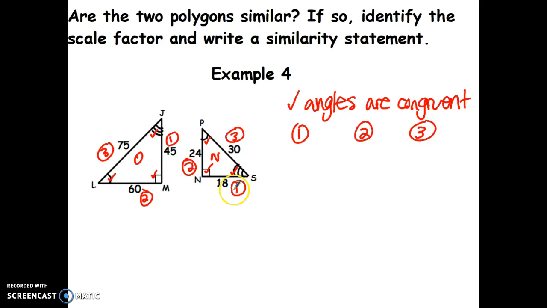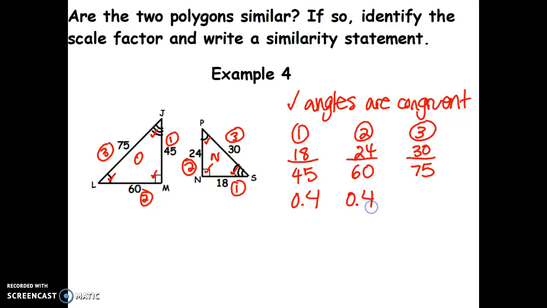Okay, so for the ones, that would be 18 over 45. For the twos, that would be 24 over 60. And for the threes, that would be 30 over 75. So let's begin with the first fraction. 18 divided by 45 equals 0.4. 24 divided by 60, 0.4.